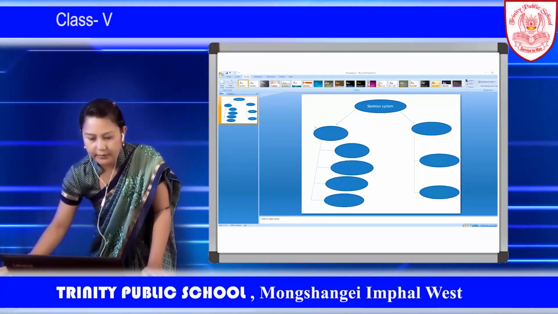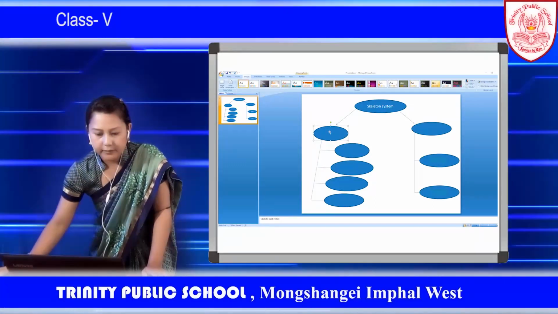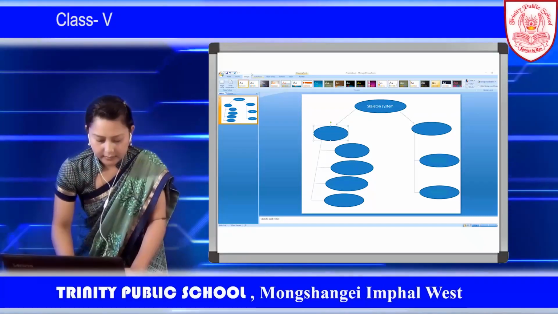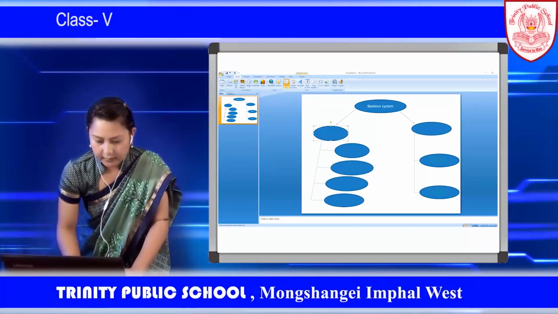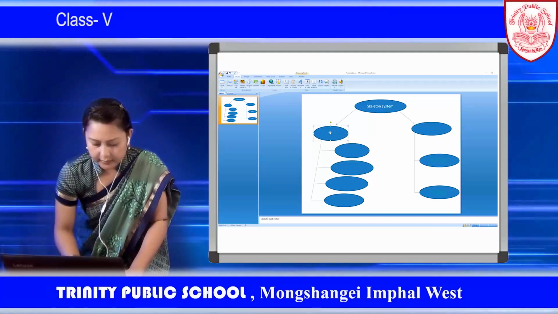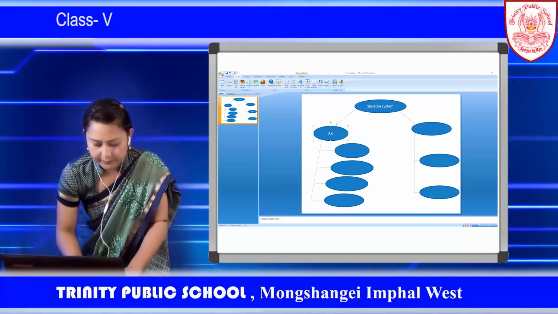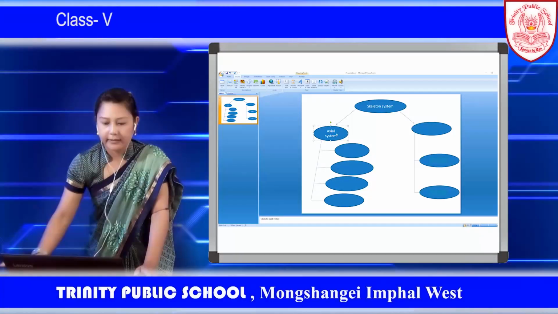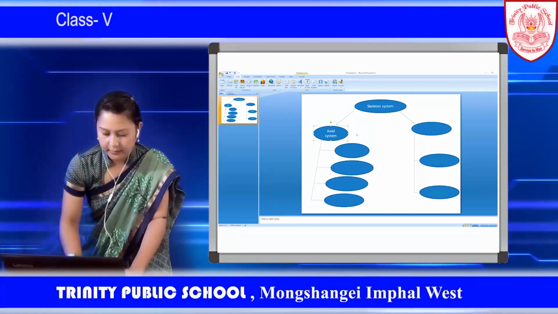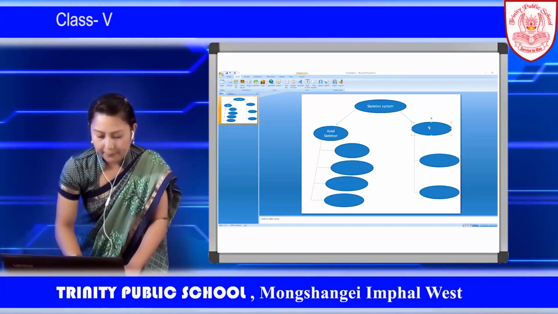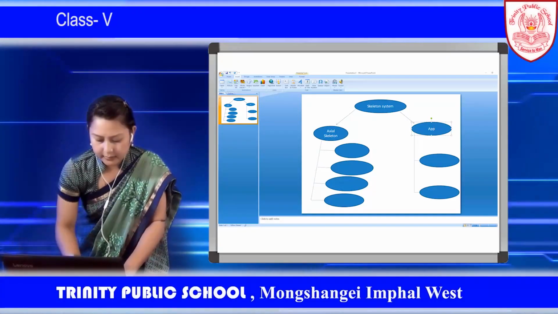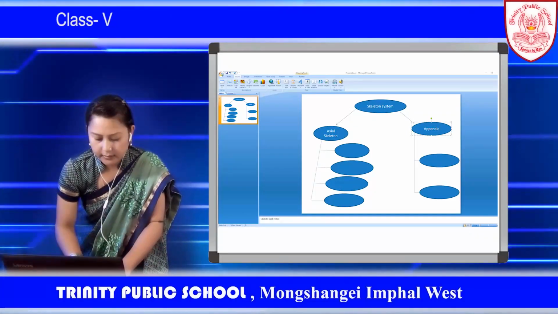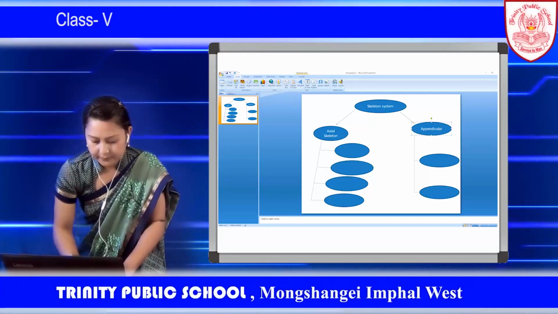So you put like this and right here axial skeleton. And in the next you should write appendicular skeleton.